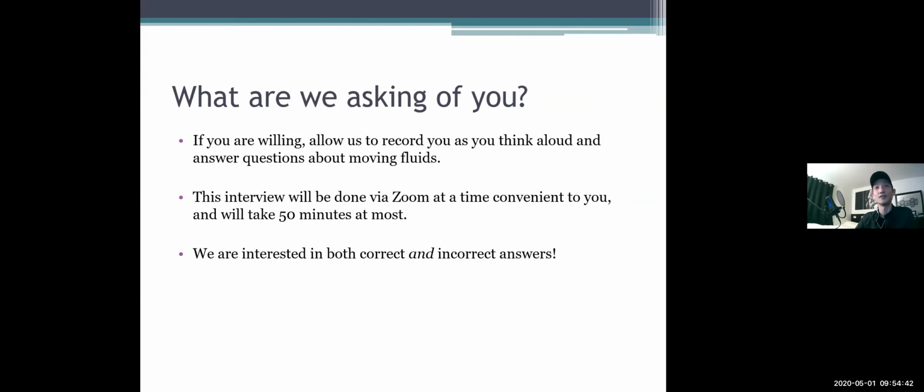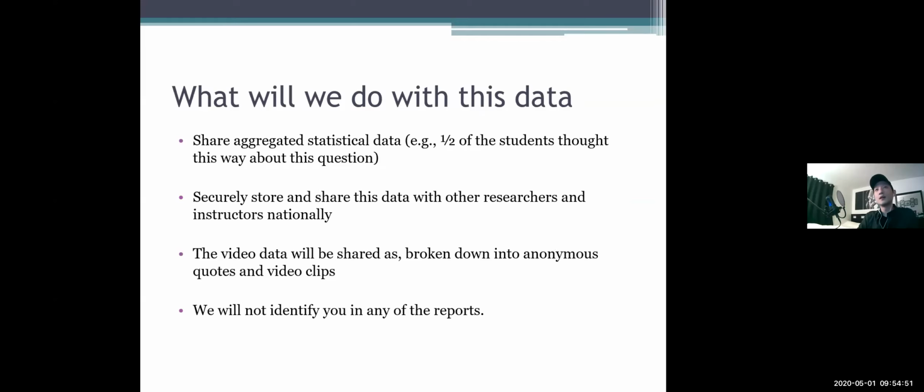So this is your chance to just explain to me or anyone else how you think the world works, especially around fluids. We'll be studying the data quantitatively and qualitatively to say that most of the students, like half, 30%, think a certain way. We'll be storing all this data very securely and only share with other researchers and instructors.